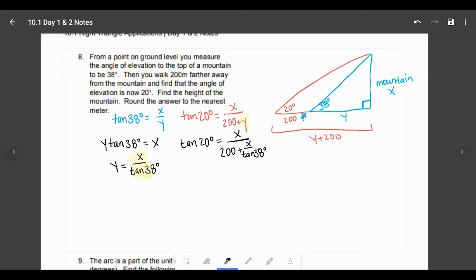And so now stay with me for this algebra when I go through and simplify this, because we do need to solve for x. So the first thing that I'm going to do just on the right-hand side here, I'm going to multiply both top and bottom by the tangent of 38.